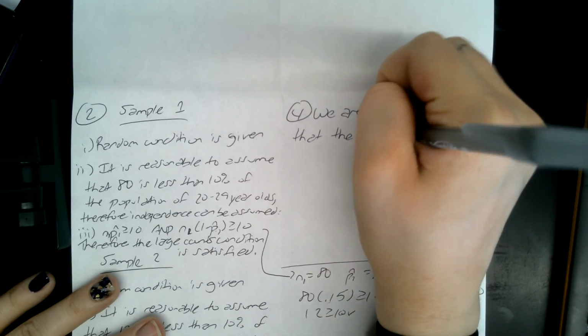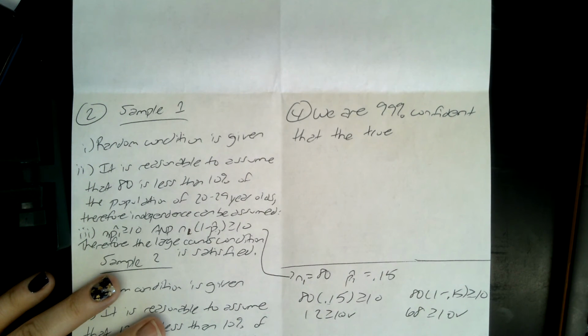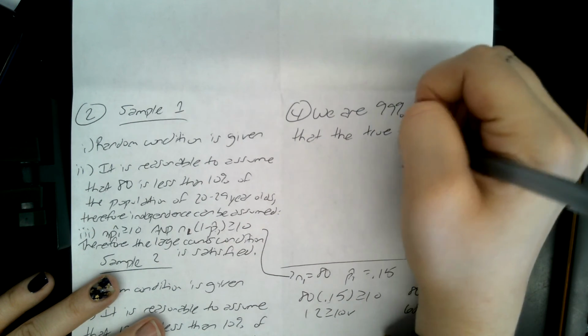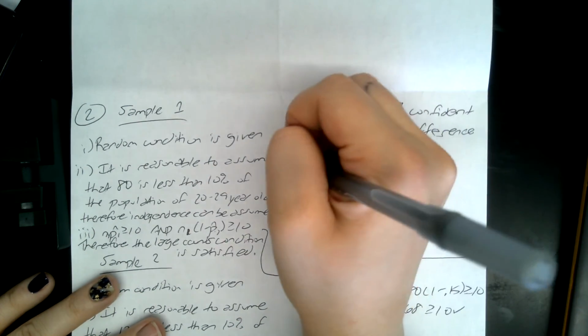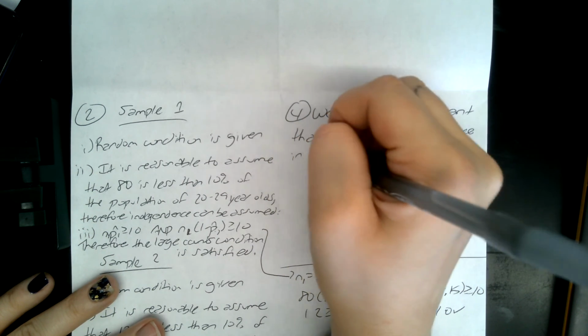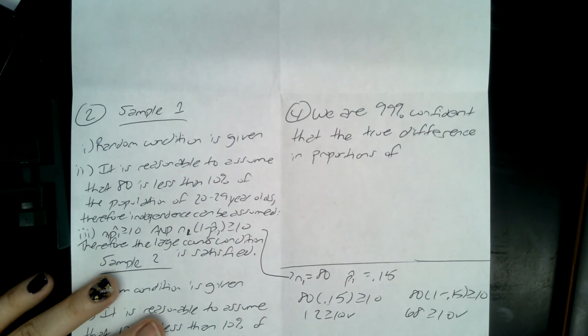You'll notice this is the main difference between a 1 proportion confidence interval and a 2 proportion: we're no longer saying we're confident where the true proportion is. We're looking at a difference in proportions because we have 2 of them now. So instead of saying the true proportion, we are saying the true difference in proportions of, and then we'll describe the context here.